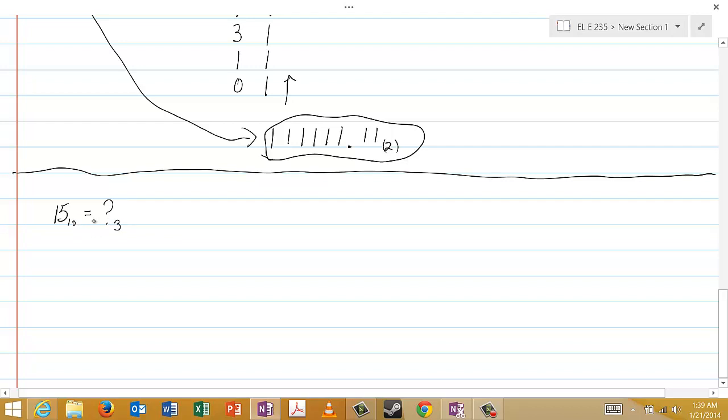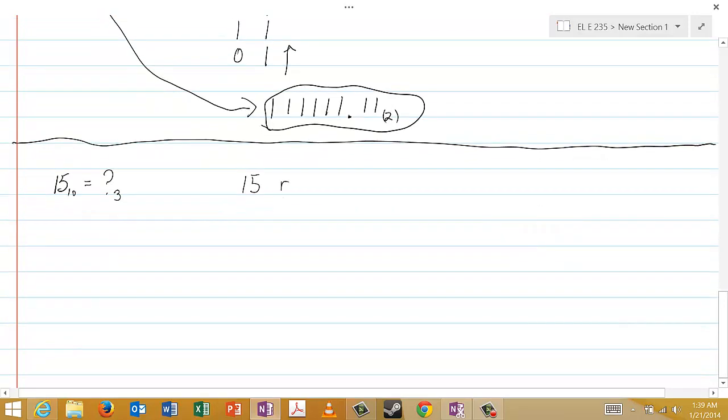Well, we could proceed with the iterative technique here as well. Now, in this case, there's no fractional part, so all we have to do is write down the whole number part and then have an R column. And we need now to repeatedly divide by 3 rather than by 2.